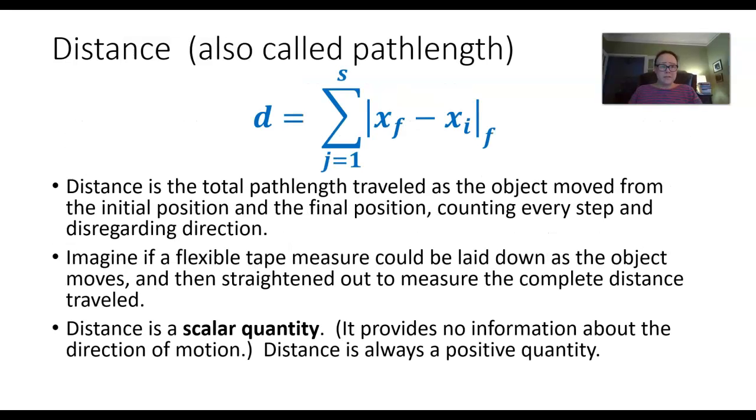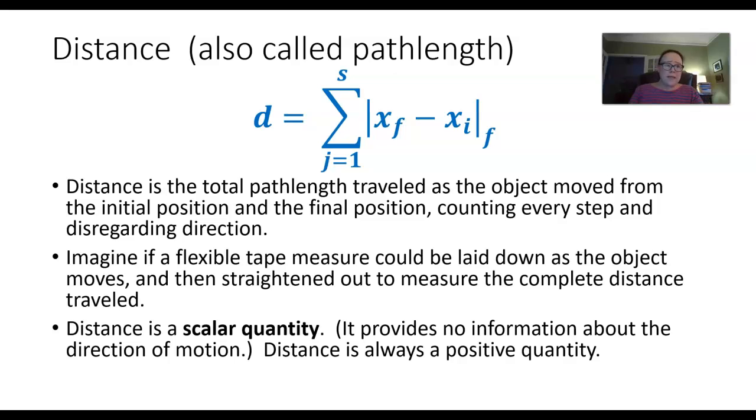Now, distance, which is also called path length, they're used interchangeably. Distance is represented by the symbol d, a lowercase d. I bet this formula looks complicated to you, and I hope to show you in the next example that it's not too bad. But to find the distance, we have to take the sum of the individual displacements of each part of the trip.